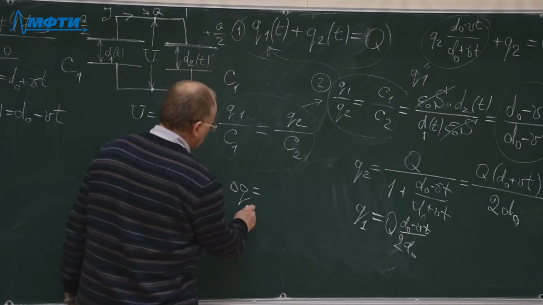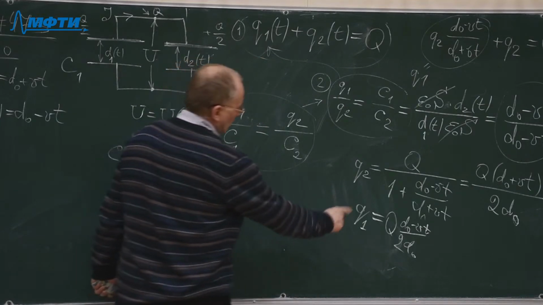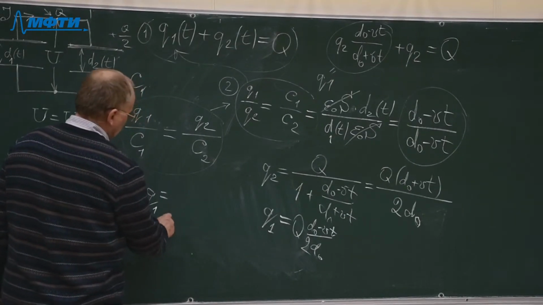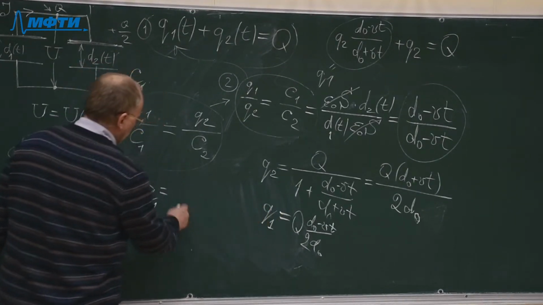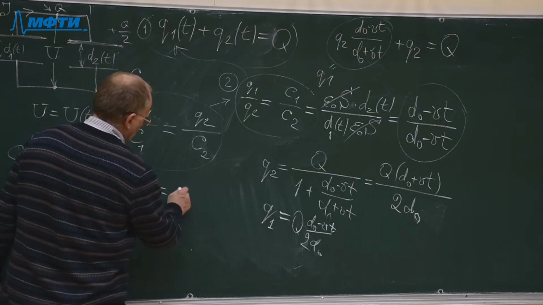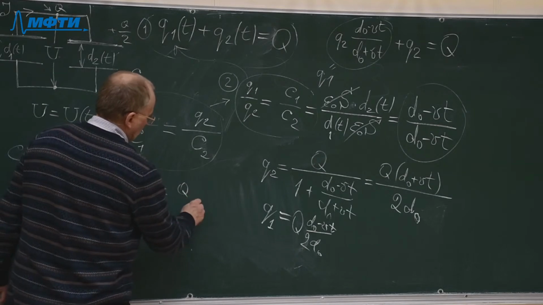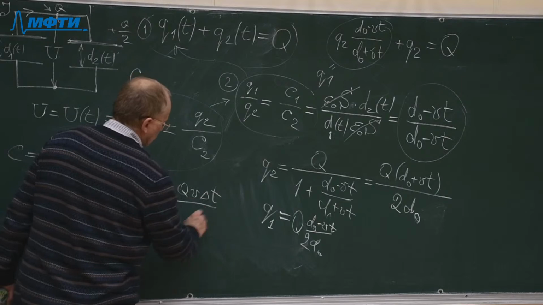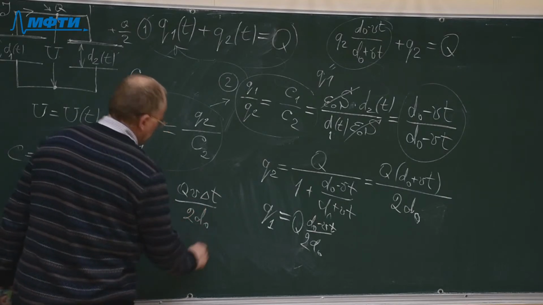So the delta Q1 will be equal to, if we put it in time, capital Q V delta T divided by 2 d0.